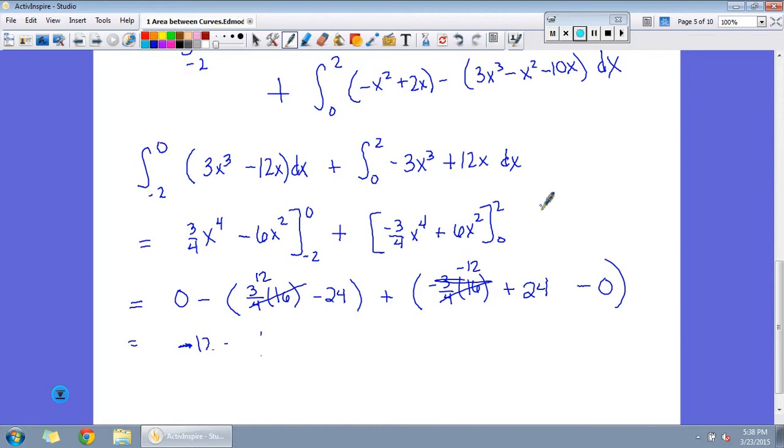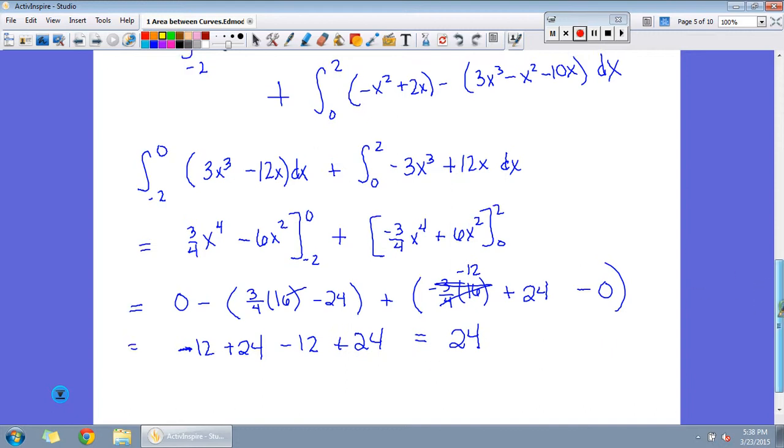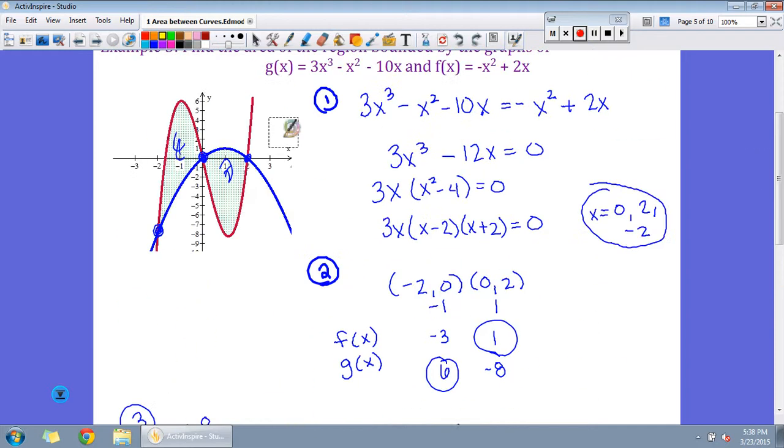This is going to be negative 12. So we've got negative 12 plus 24 plus negative 12 plus 24. So let's see, it's going to be 24. And again, that 24 represents the area of the bounded region between the cubic and the quadratic.